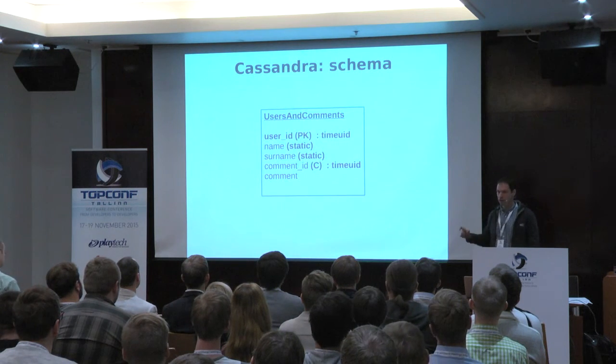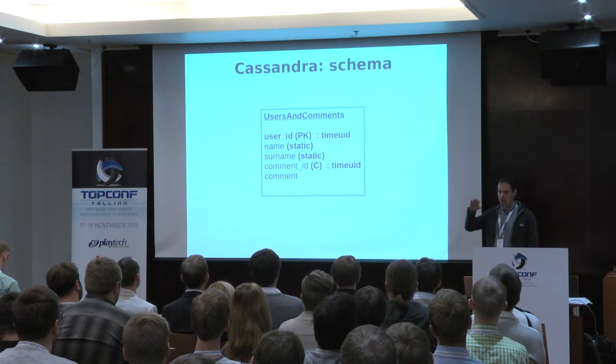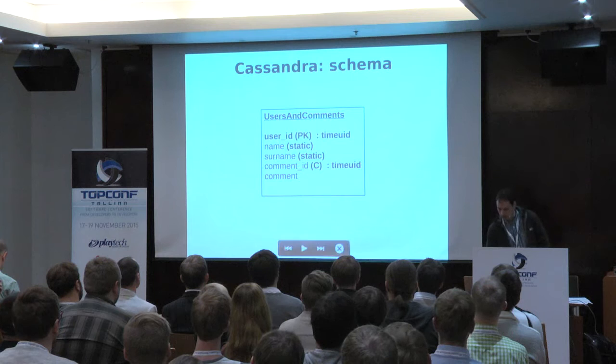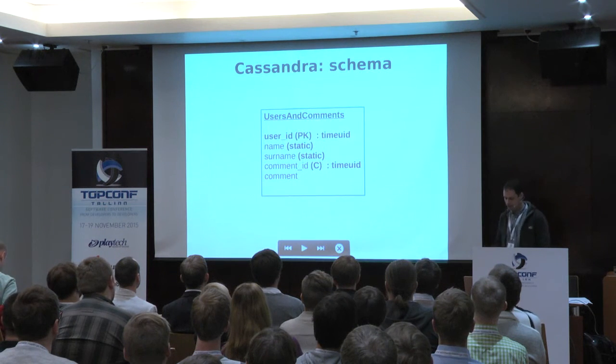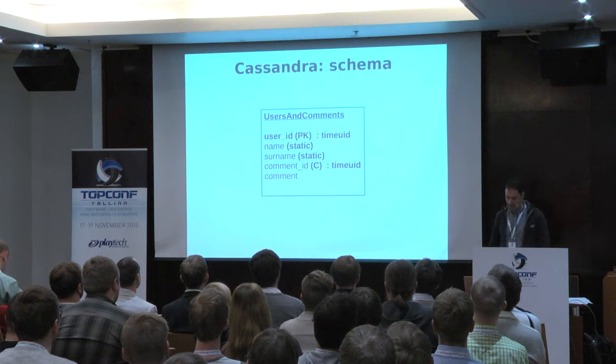In one record of this table, we store user information and all comments which were posted by this user. Name and surname fields are marked here as static fields. It means that they have a one-to-one relationship to our primary key.